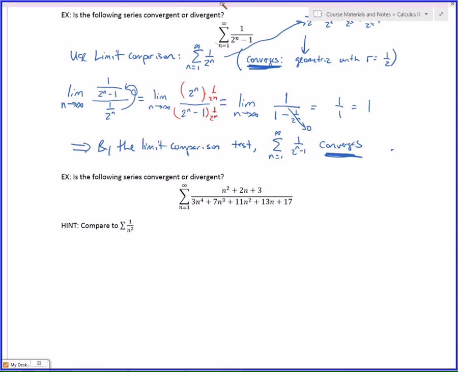The dominating term on top is n squared, because n squared gets a whole lot bigger faster than the rest of the terms. And the bottom is going to behave like n to the fourth. n squared over n to the fourth is 1 over n squared. It's going to behave like 1 over n squared. That's where I came up with this.